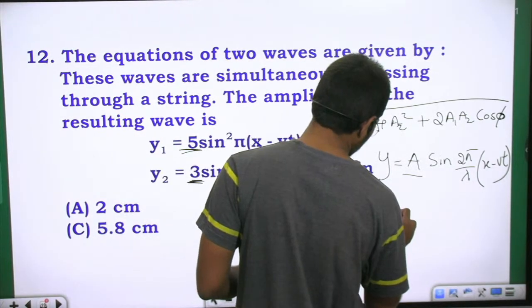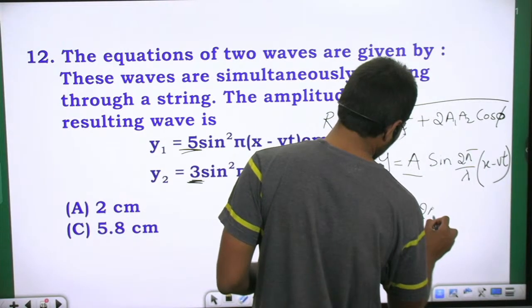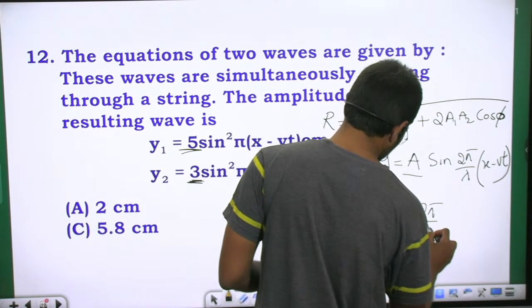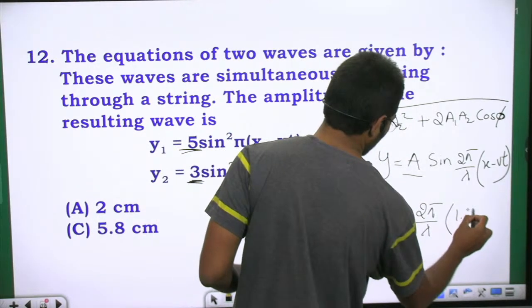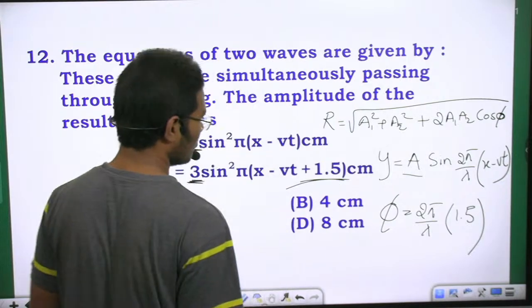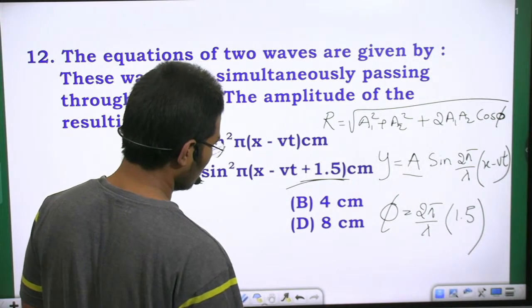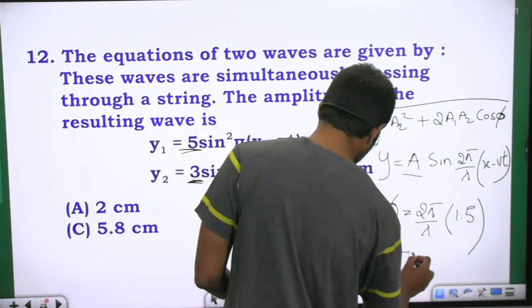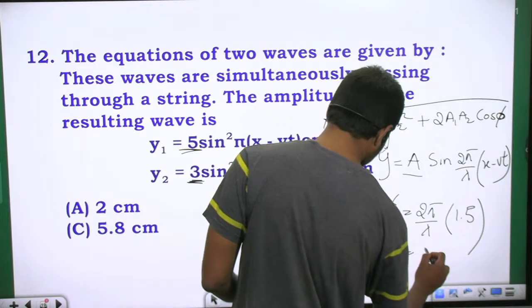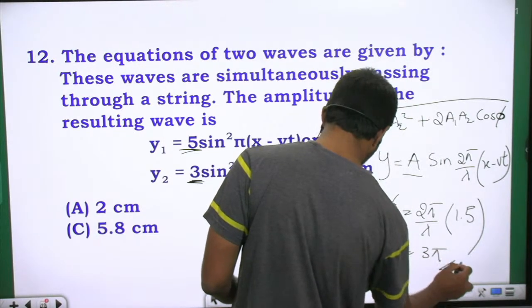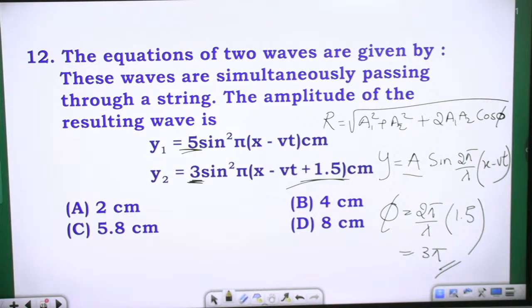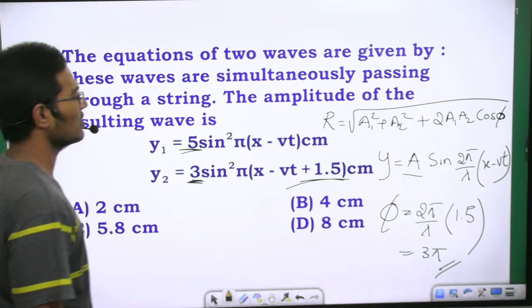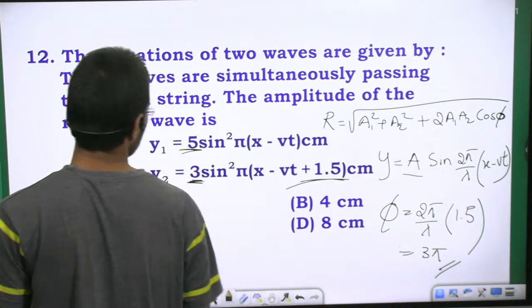Phase difference phi is equal to 2 pi by lambda into 1.5, so we get 3 pi. So finally we got the phase difference as 3 pi.